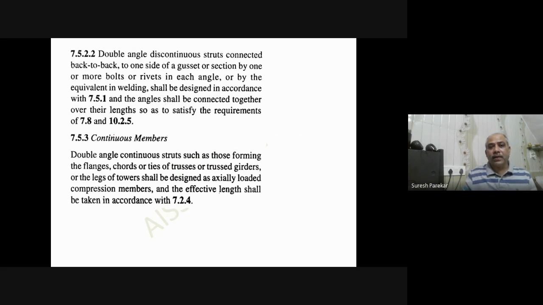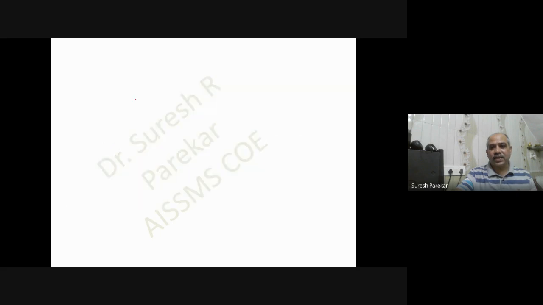Generally, when we say the main tie in trusses or principal rafters, these members are continuous struts, that is the principal rafter. Discontinuous struts are the members between the main tie and the principal rafters, and according to this we have to go for double angle discontinuous and double angle continuous struts.